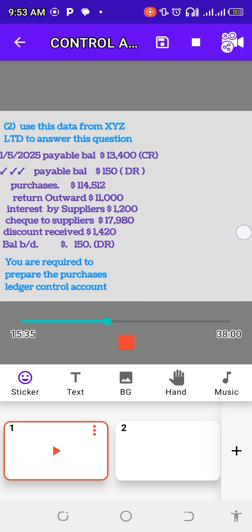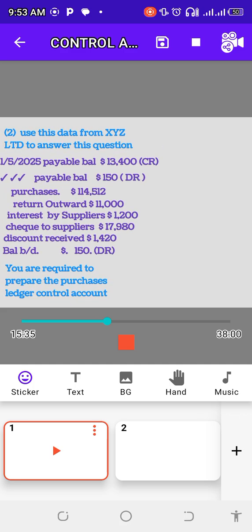Question 2. Use this data from XYZ Limited to answer these questions. On the 1st of May 2025, payable balance is 13,400 credit. On that same date, a receivable balance was 150 debit.